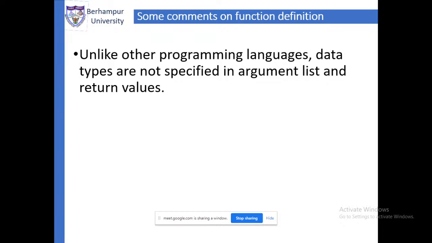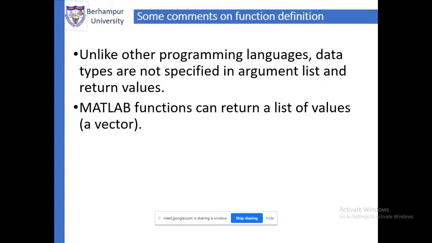You need not specify the data type while you are defining the argument. Argument is f(x). x is the argument for f. So for that argument, you need not define the data type. Similarly, return values: as I told you, y is equal to f(x). y is the return value from f(x).